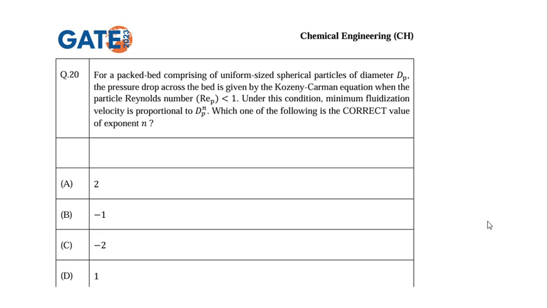Then the particle Reynolds number is less than 1. Correct. The Kozeny-Carman equation is applicable to Reynolds number less than 1. Under these conditions, minimum fluidization velocity is proportional to dp to the power n. One of the following is the correct value of exponent n.